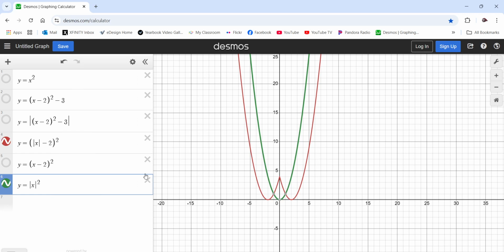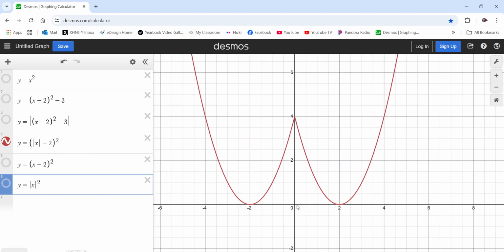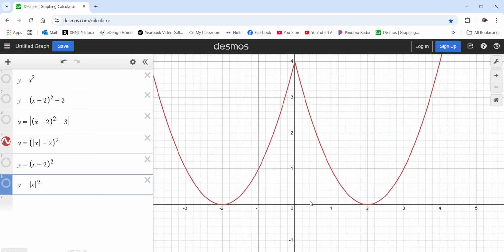So what could you do to figure out some of these points? Let's get rid of that one. Let's put in a 1. All right, and for this red one right here, put in a 1. What's the absolute value of 1? 1 minus 2 is negative 1. What's negative 1 squared? 1. So you got a point at 1, 1. Everybody with me on that?